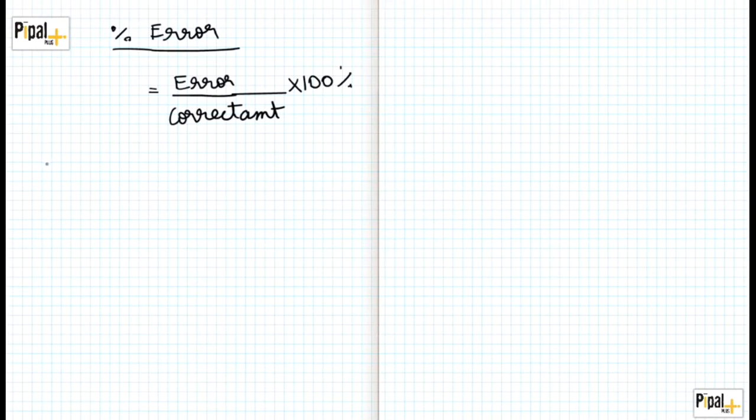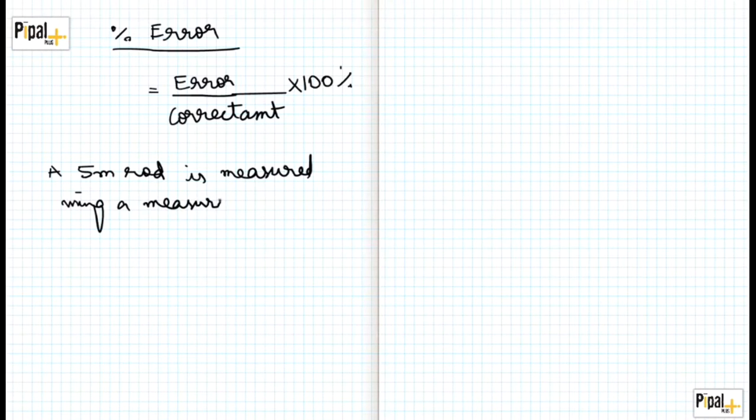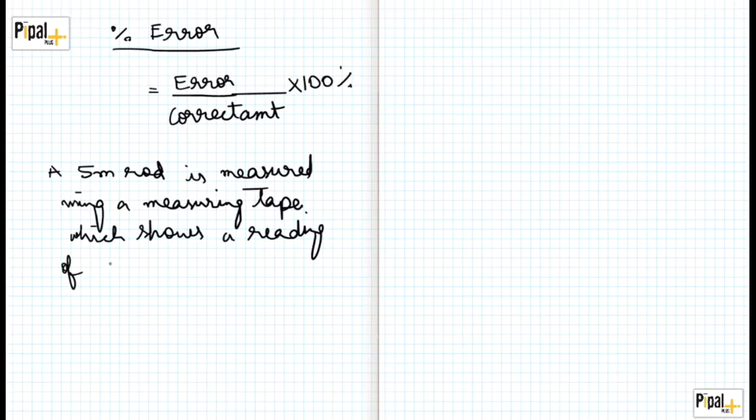So, let's say I were to take an example where a 5-meter rod is measured using a measuring tape, which shows a reading of 5.05 meters.